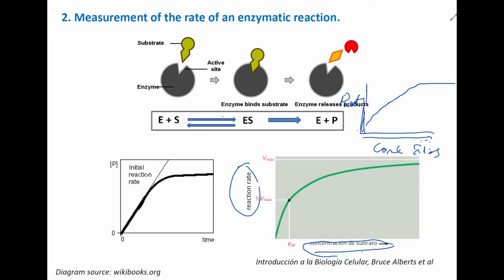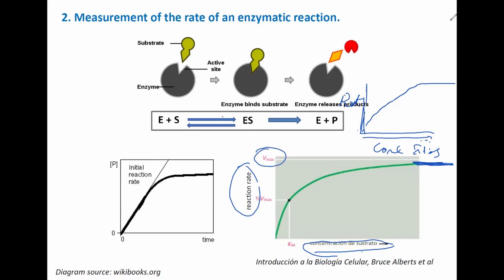It continues until it comes to a stage where there is no available active site for the substrate to bind. So if you have enough concentration of the substrate and there are not enough active sites for the substrate to bind, that is how we reach this stage. It will come to a stage where there will be no increase in the rate of the reaction, and that stage is called the Vmax.